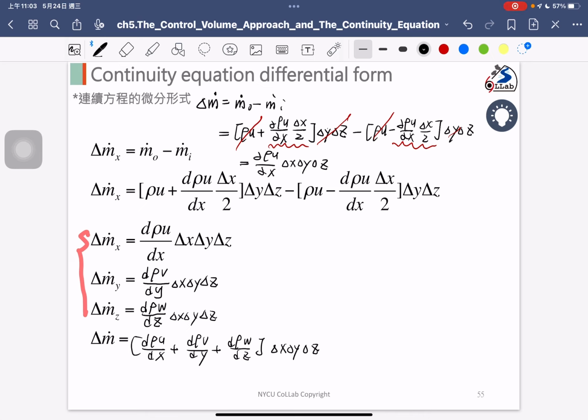Now we have discussed the continuity equation for the small fluid particle. Our target is to change the final formula to the differential form.